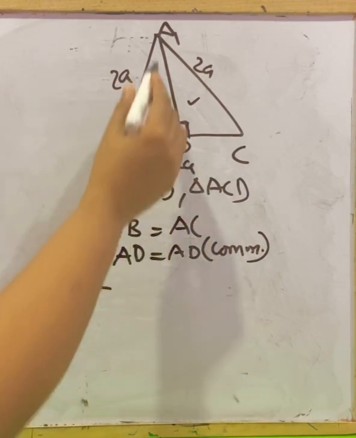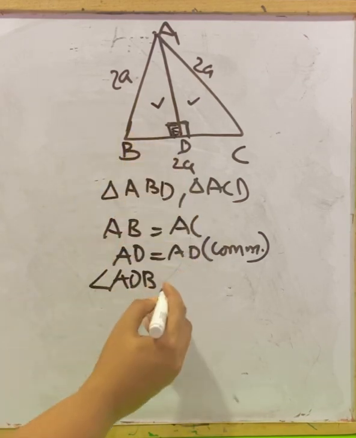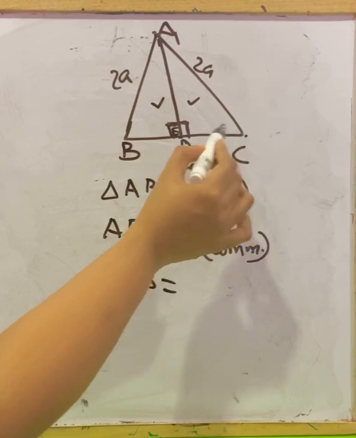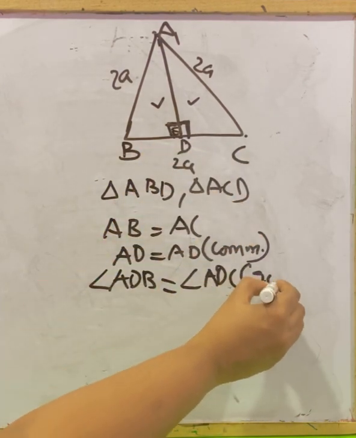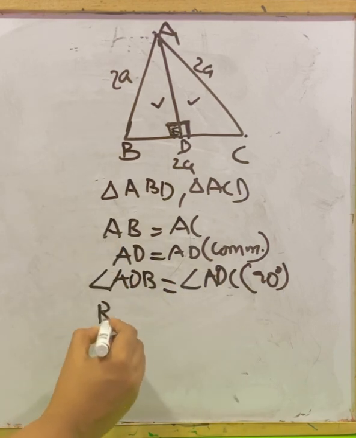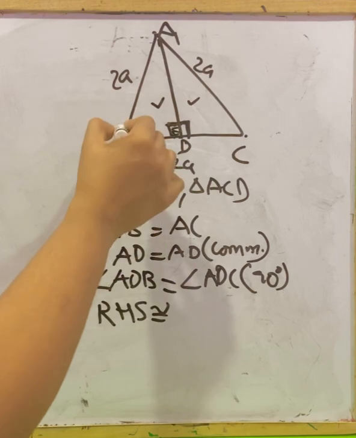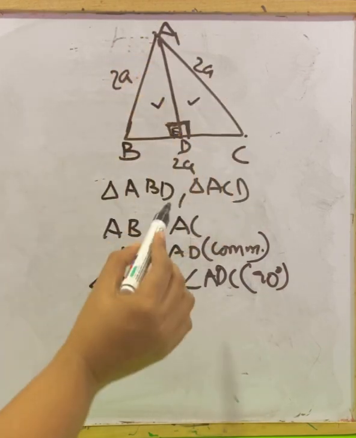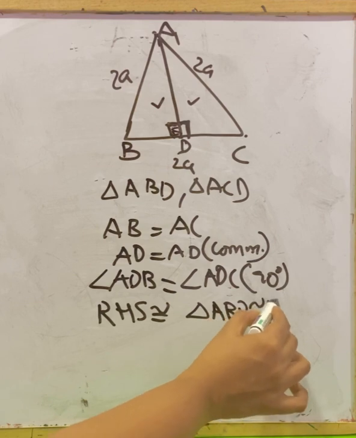So angle ADB, that is this angle, is equal to angle ADC, that is this one. Angle ADC is 90 degrees. So according to RHS congruency, we can say this triangle and this triangle are congruent. That is, triangle ABD is congruent to triangle ACD.